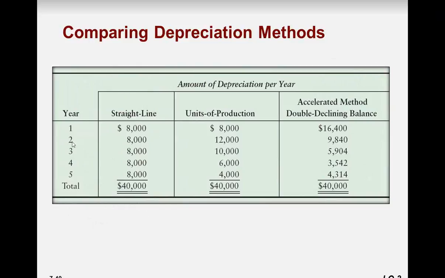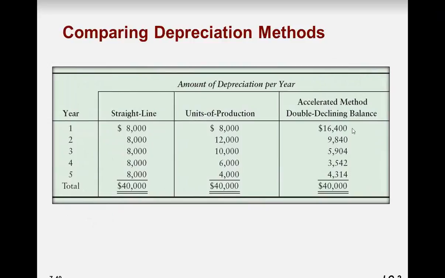One thing that you will notice when you are comparing this over the 5-year life of this asset, it actually yields the exact same depreciation expense over the 5 years, but you can see how it's spread differently.